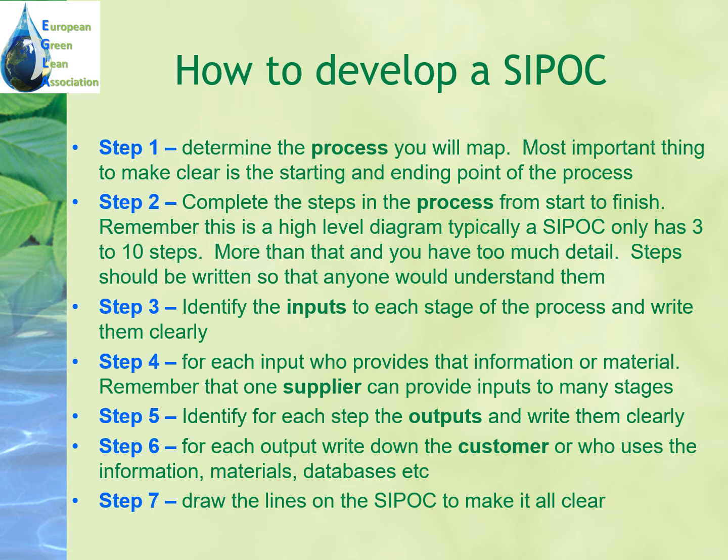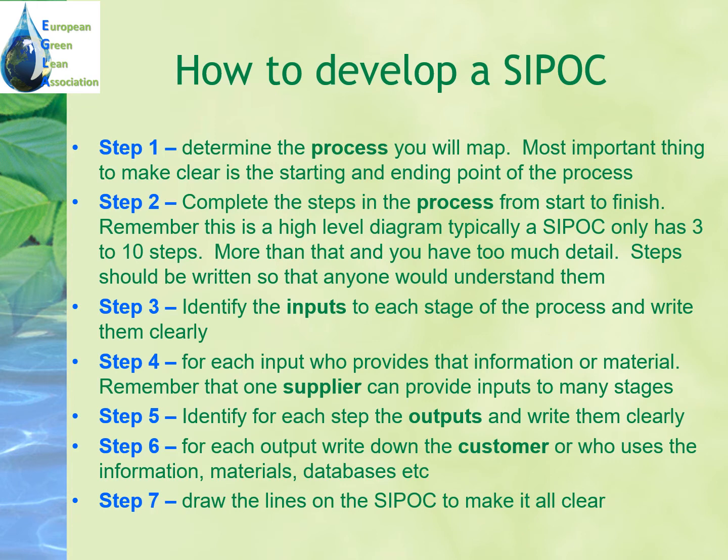Then you identify the inputs to each stage of the process and write them clearly. For each input, you then describe and define what is provided. Is it material, information, or something else? And remember that one supplier can provide inputs to many stages. On step 5, you identify each step regarding the outputs and write them clearly again.